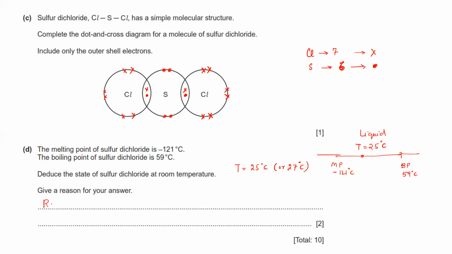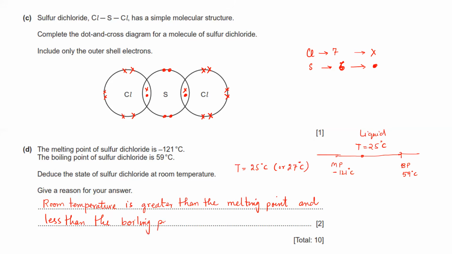So reason: room temperature is greater than the melting point and less than the boiling point of SCl2.